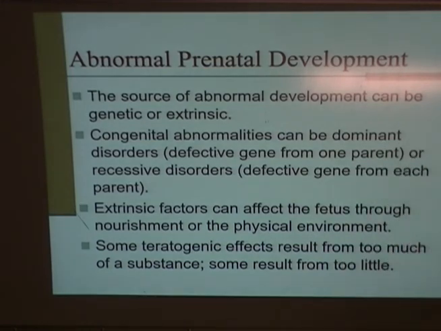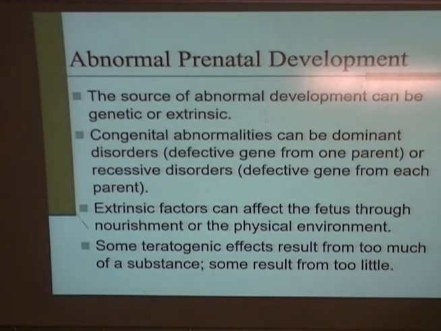Also, we've got extrinsic factors that I mentioned that can affect the baby through either its nourishment from the mum, or that the mum is exposed to something that's not healthy in the environment, and so that physical environment can impact the baby via the placenta. And when it's an extrinsic factor like that, we call it a teratogen.